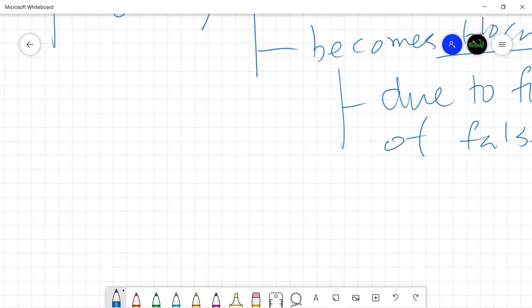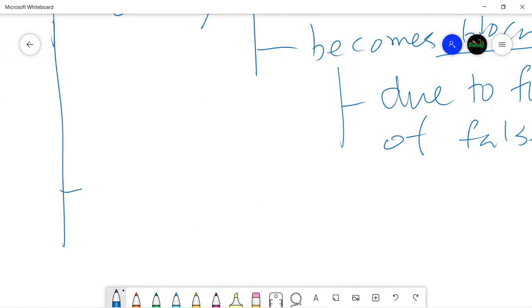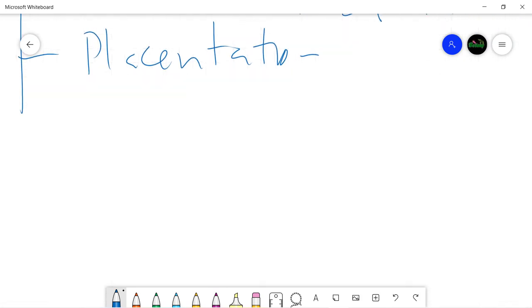As far as the placentation is concerned, placentation is just like we have seen in the diagnostic characters. Placentation is parietal. And just to recap, parietal placentation is the one in which the ovary is polycarpellary and syncarpous. In case of Brassica, it is bicarpellary.